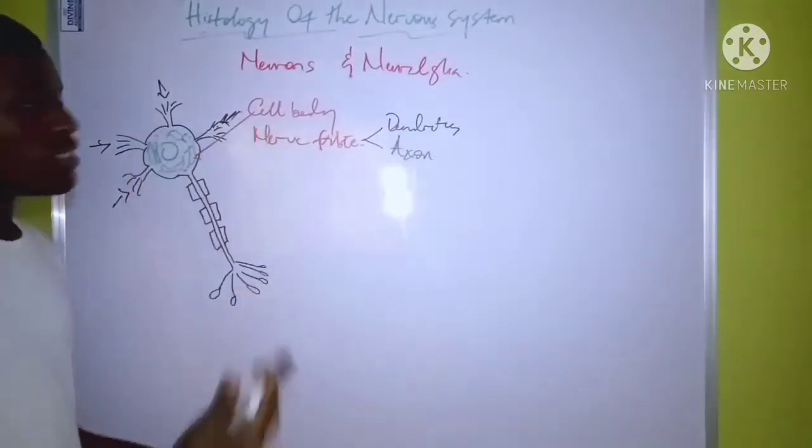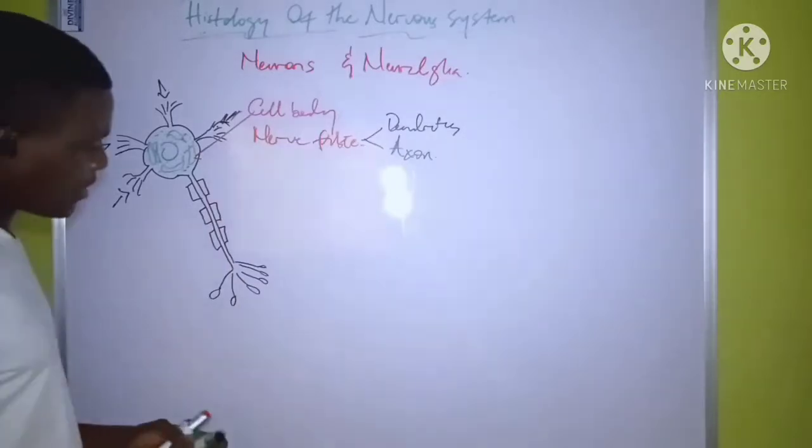The dendrites are usually one or more, and these are the dendrites found within it. The function of the dendrite is to receive impulses from surrounding neurons. So it receives impulses from other cells, comes into the cell body before it is sent out through the axon.